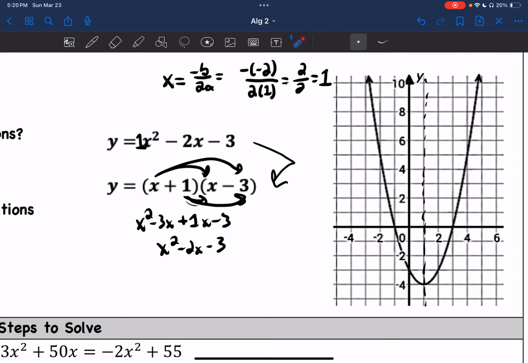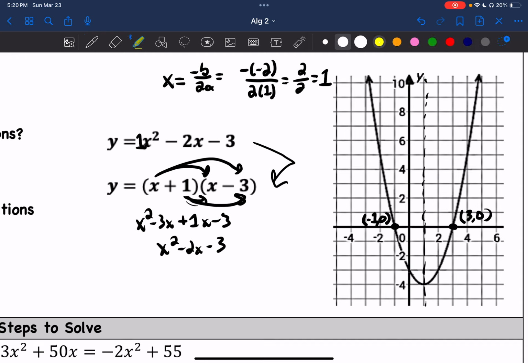But now let's try and find, are there any connections between this factored form equation and its graph over here? You may not see it right away, but if we look at the zeros, this zero is at the point negative 1, 0. This zero is at the point 3, 0.